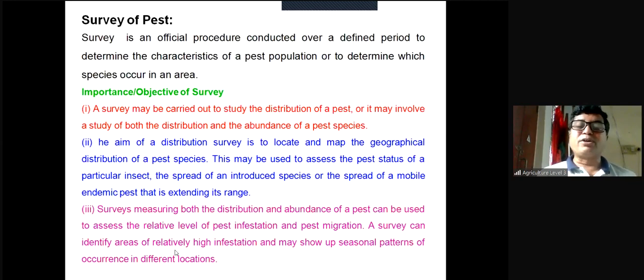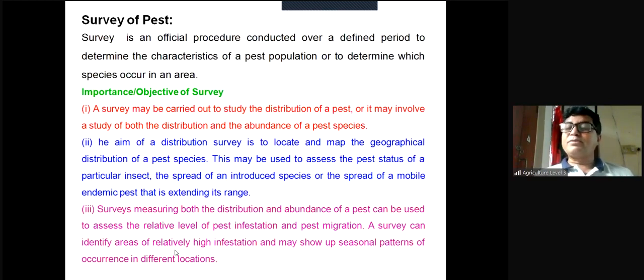A survey can identify areas of relatively high infestation and may show up seasonal patterns of the occurrence in different locations. If we survey, we can see where the pest population is dense, where moderately dense, and where sparse or less dense. All this information indicates the infestation, because infestation is directly related to the number of the insect pest.